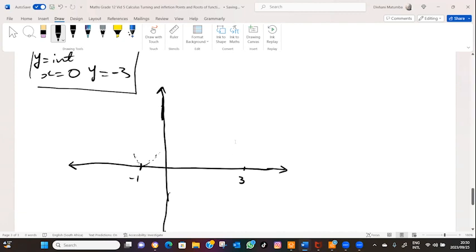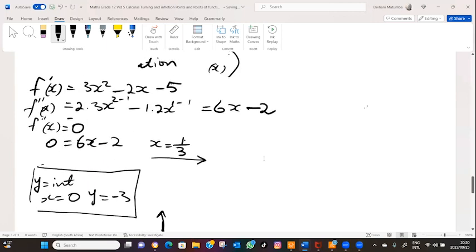Now, to draw the function, what are other critical points? The other critical points that we have are the turning points.